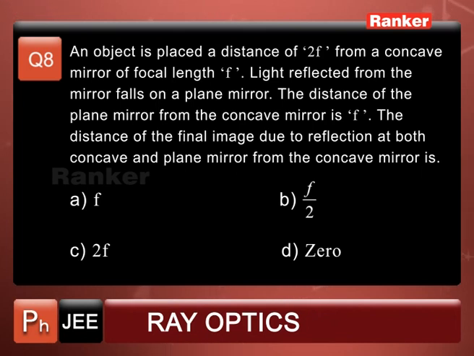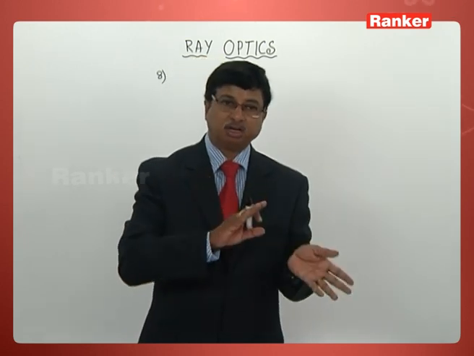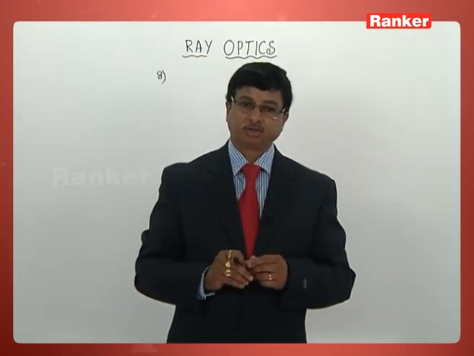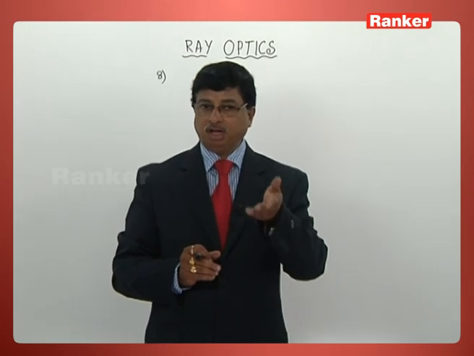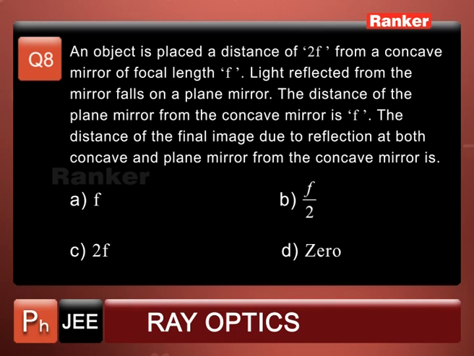Light reflected from the mirror falls on a plane mirror. That means this time also a concave mirror and a plane mirror combination he is taking. Where is the mirror placed and all? Of course, he is telling now. The distance of the plane mirror from the concave mirror is f.